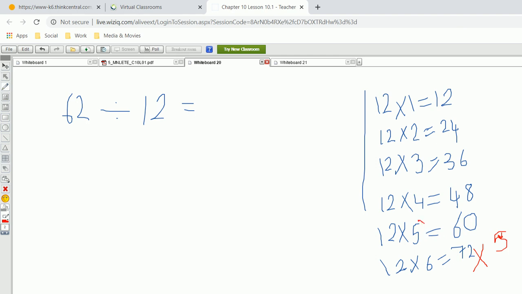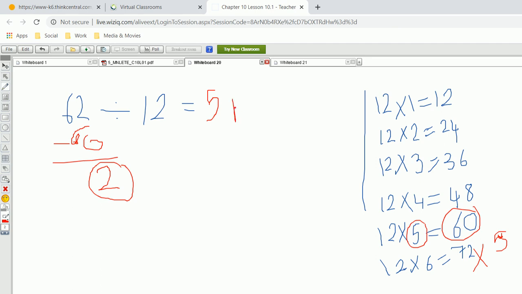So we have here 5 and 60. The whole number is 5, and then we have 60, so subtract 60 from 62 to get the remaining number. 2 minus 0 equals 2, and 6 minus 6 is 0. So it will be 5 and the remainder is 2.